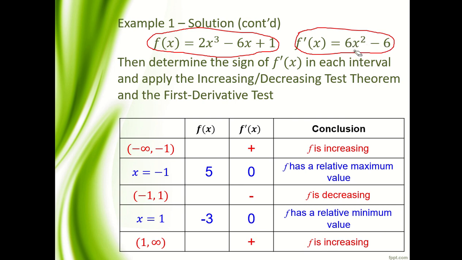If you try 3, 3 squared is 9, 9 times 6 is 54, 54 minus 6 is 48, so that is still positive. So on this interval we can say that the function f is increasing. Alright, so this is the summary using the theorems that we have discussed earlier.